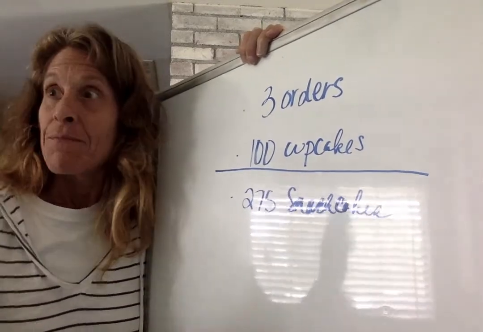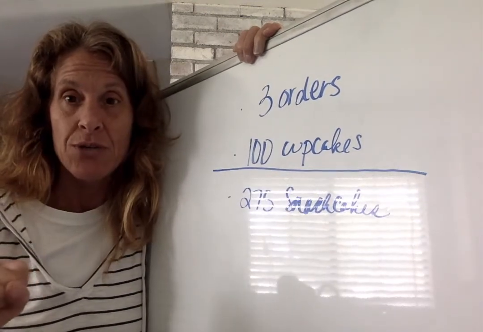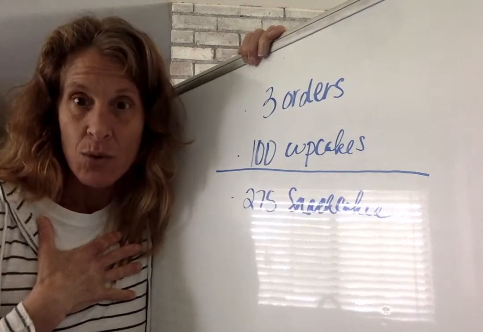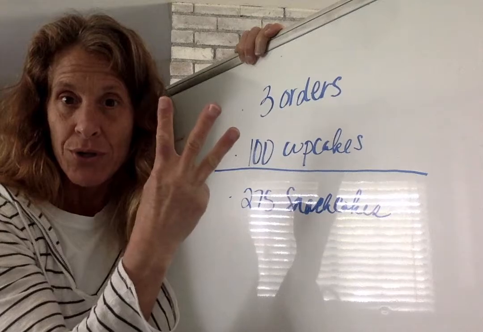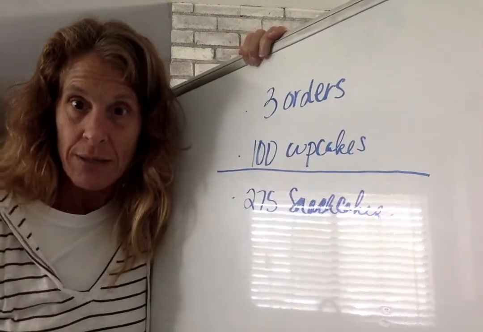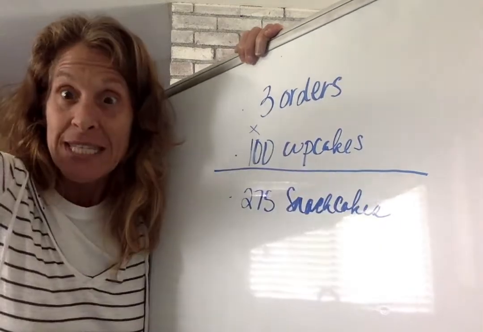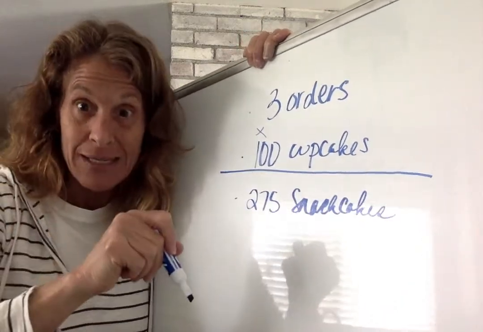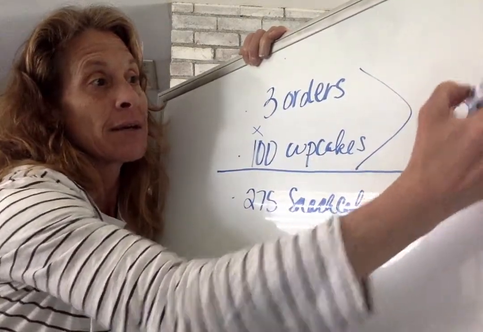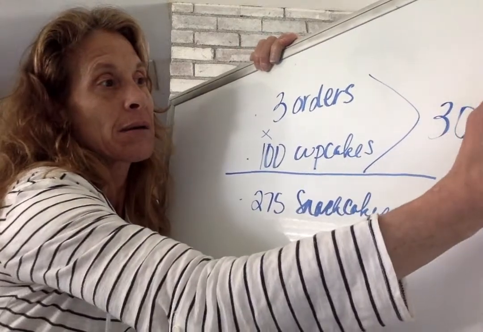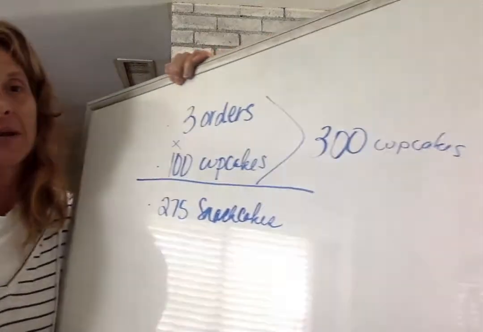So let's say South Bay Campus ordered 100 cupcakes, West Campus ordered 100 cupcakes, and East Campus ordered 100 cupcakes. That's what that first sentence means. He had 3 separate orders. Each order had 100. So we would just multiply, okay? Because 100 at South, 100 at West, 100 at East. That's a total of 300 cupcakes. I'll put cupcakes. Sorry.